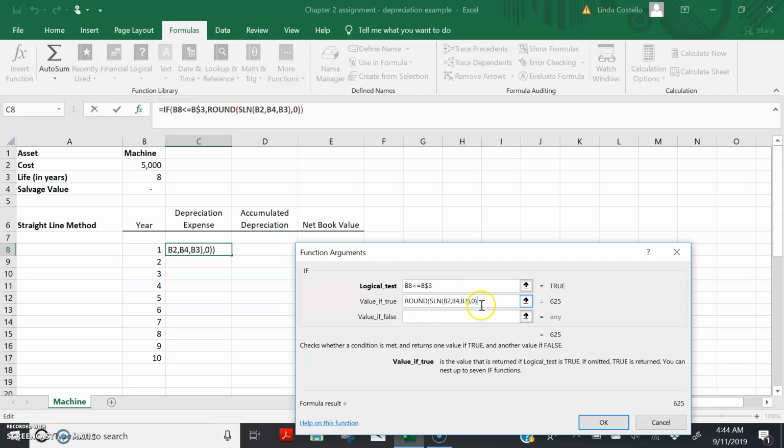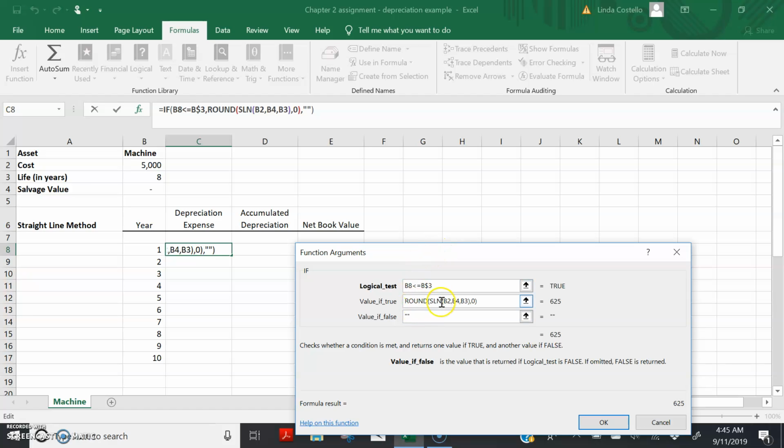And that's what's going to show up in the depreciation expense cell, unless we get to years 9 and 10. So if this value is not less than or equal to the number of years in the life, then we want it to be blank. 2 quotation marks.